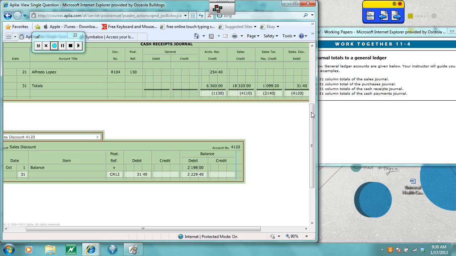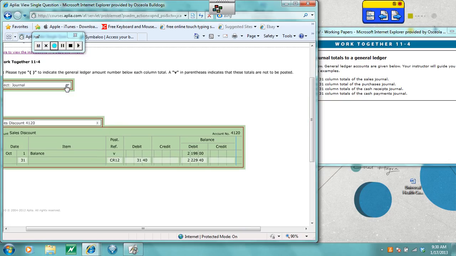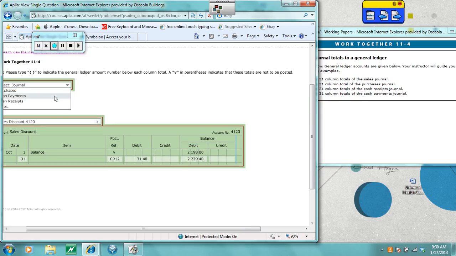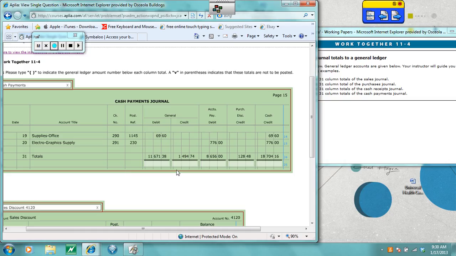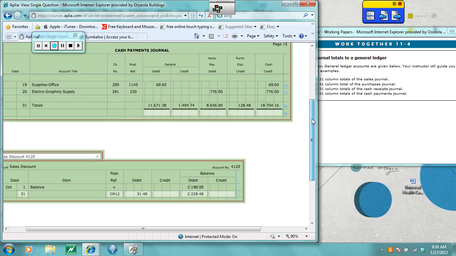Whoops, we're doing the cash payments journal now. Just have to post these totals. So we need to go to where? What do we do with this?